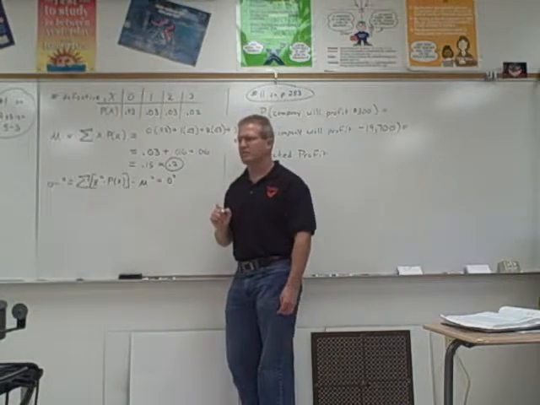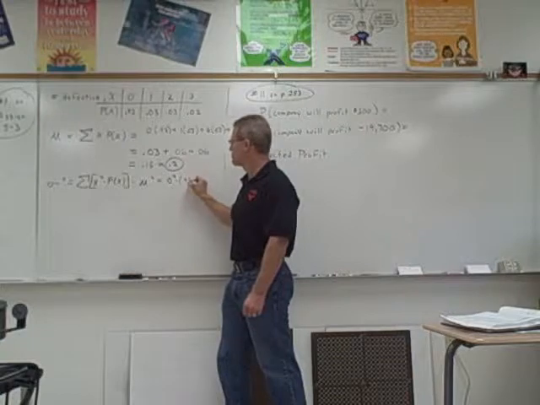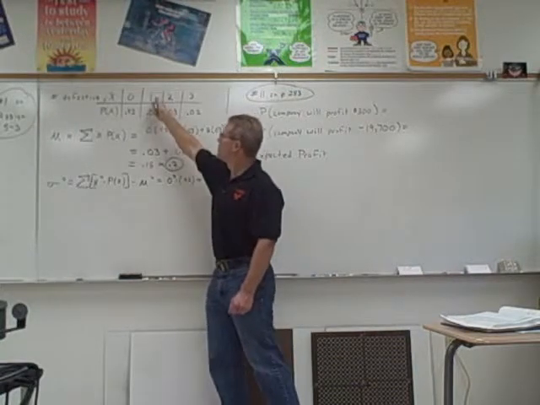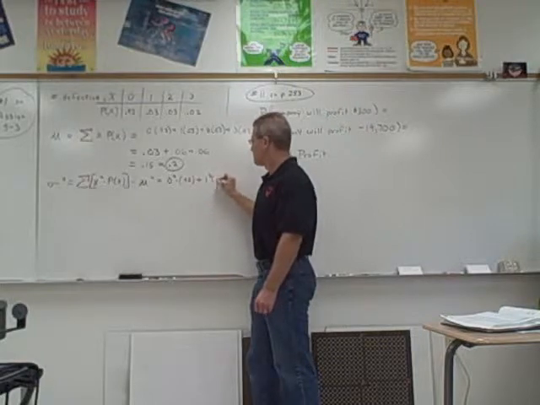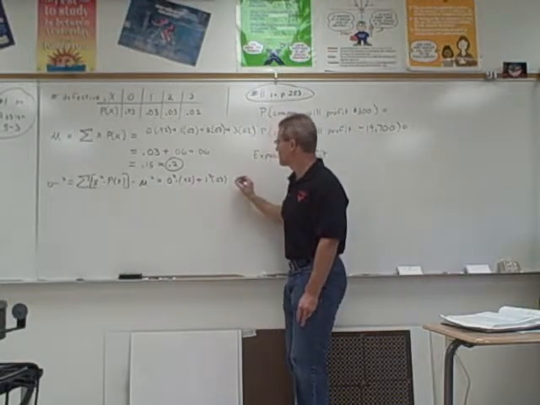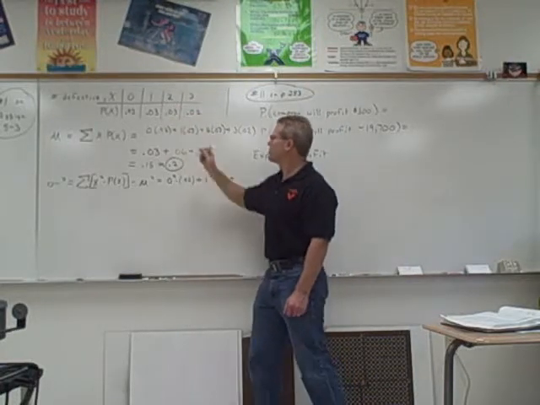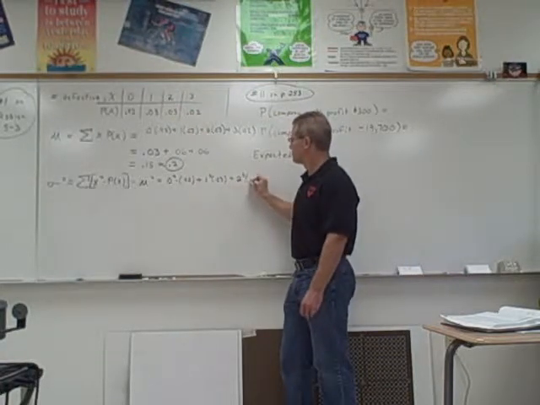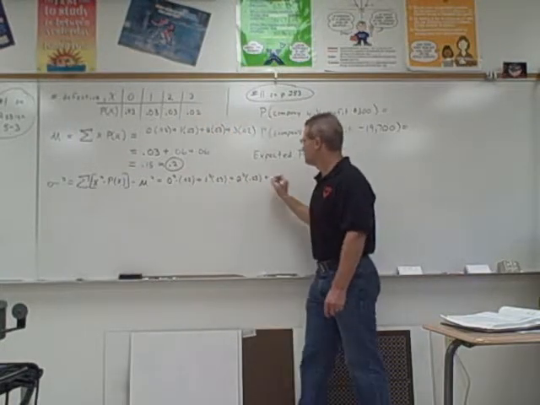Could you guys type this in your calculator as we go here? 0 squared times 0.92, of course that would just be 0. Plus 1 squared times 0.03, which I guess would just be 0.03. We maybe don't need our calculator yet. Plus 2 squared times 0.03. Plus 3 squared times 0.02.